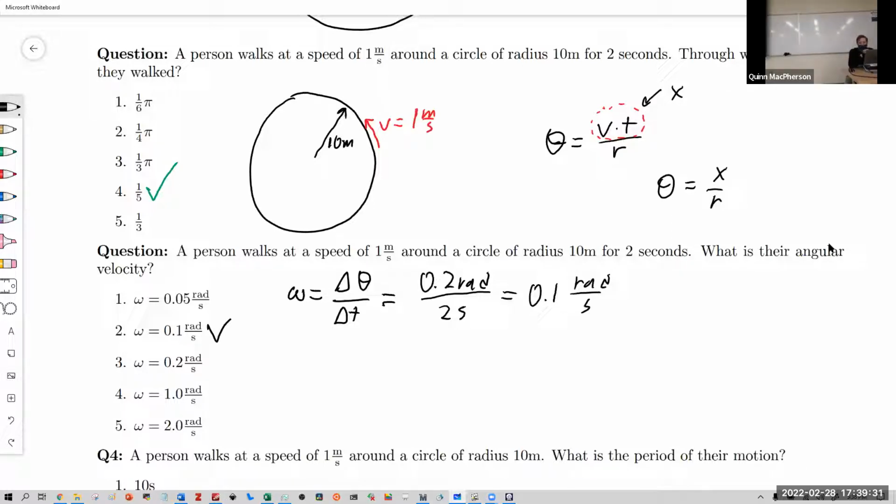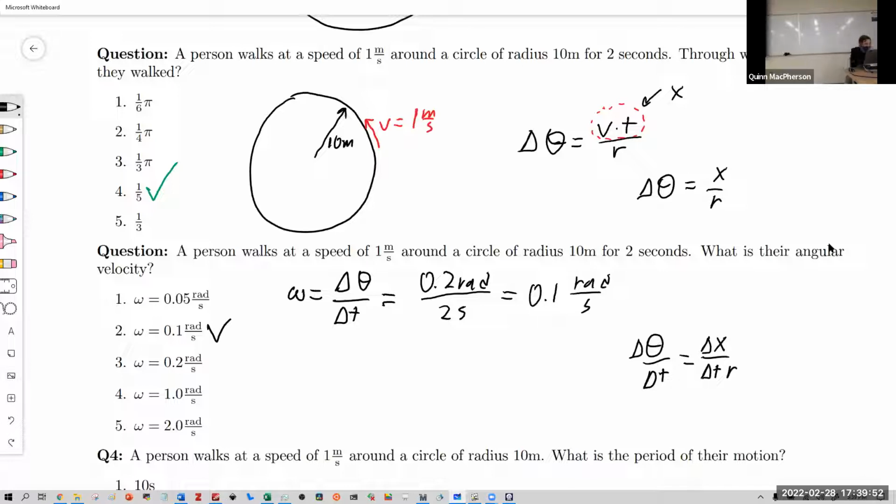Okay, if we divide both sides by delta t, delta theta divided by delta t, which we can call our change in theta, is going to equal our change in x over delta t r.